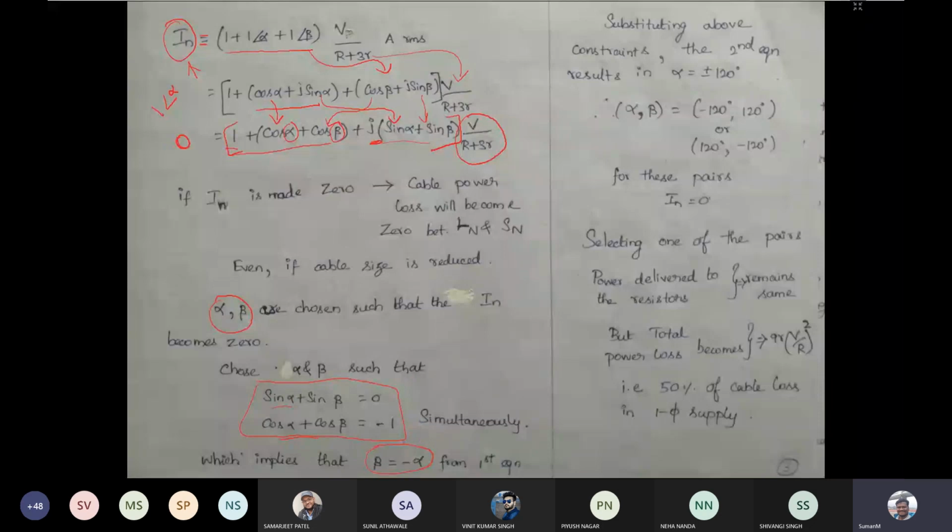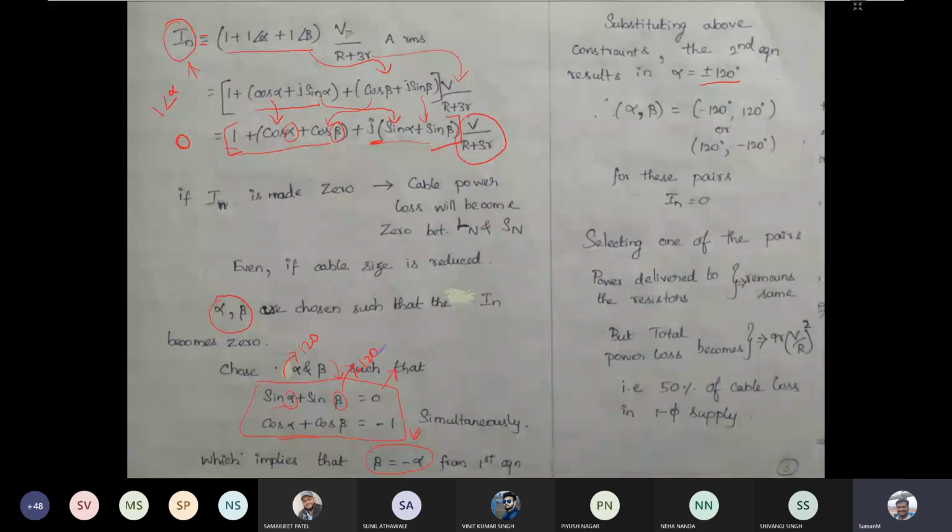You can take it either way. So if beta is equal to minus alpha, then the values of alpha and beta that make this equation solvable are plus or minus 120 degrees. If you take 120 degrees for alpha, you should take minus 120 degrees for beta. If you take it like this, then only the equation is solved.